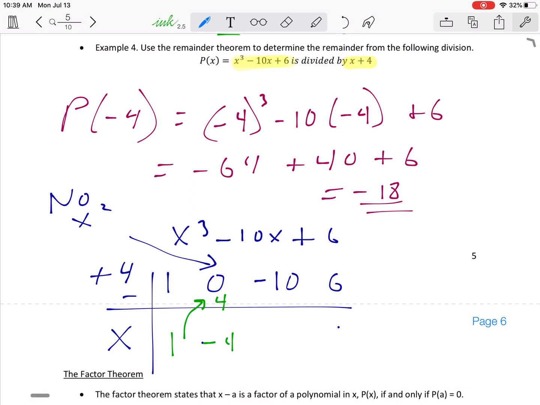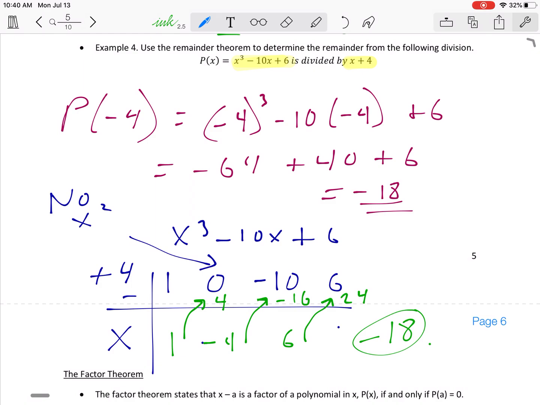Okay, and then negative 4 times 4, and then negative 10 minus negative 16, and then 6 times 4, and then 6 minus 24, and that gives you negative 18. Okay, which is the same as before.